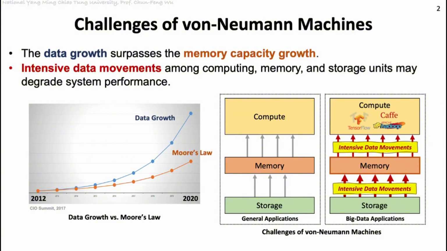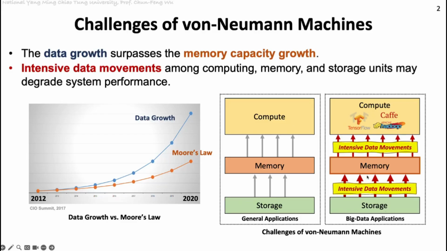But you may not want to buy too much DRAM because DRAM is usually expensive and consumes a lot of energy. So another way is to have more storage devices as a memory backup.